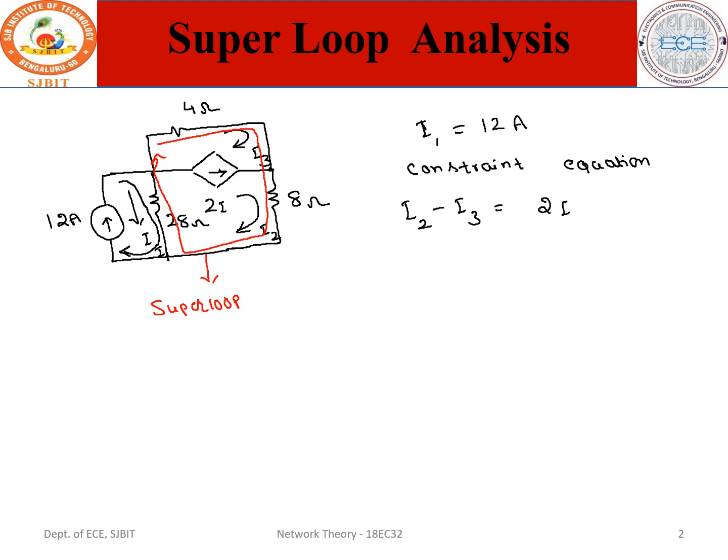But what is I here? Looking from the diagram, what is I? I is nothing but the current flowing through the 28 ohm resistor.